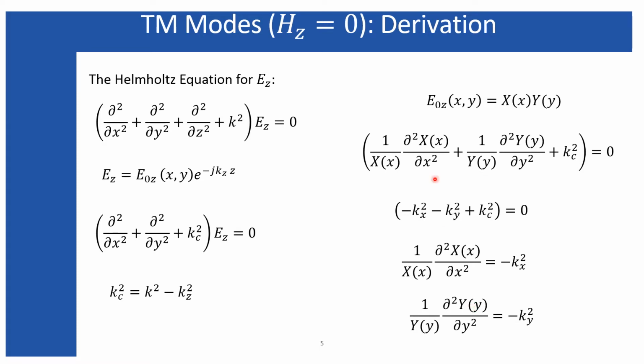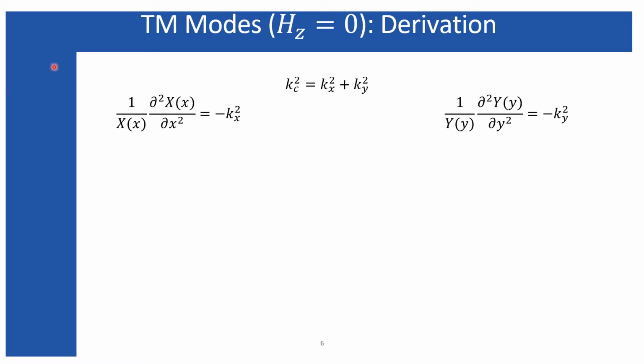So we can have the solution for this x dependent variable X and Y. And after obtaining these two solutions, since E naught z, which is the magnitude along the xy variations, is represented as a product of x and y, we can apply these solutions as a product of them, and we can finally find the variations along the xy directions for the longitudinal component of Ez.